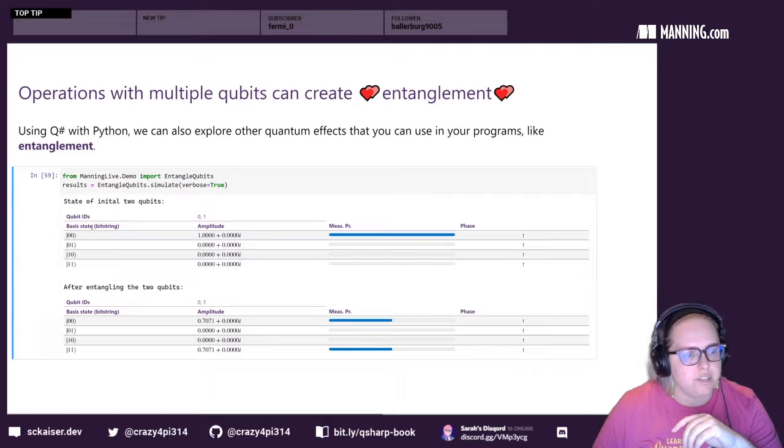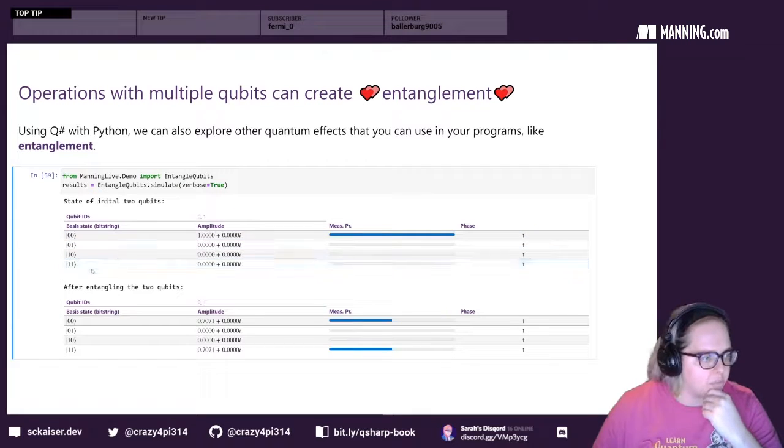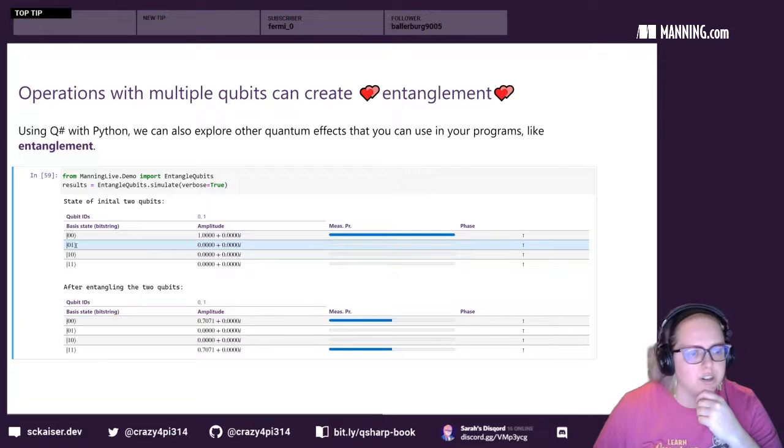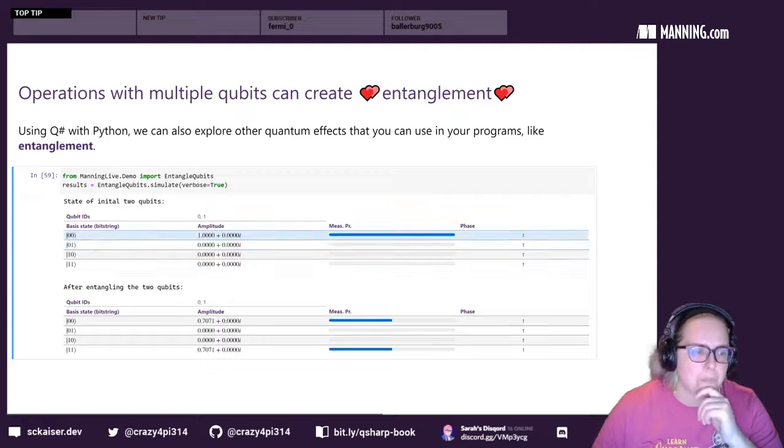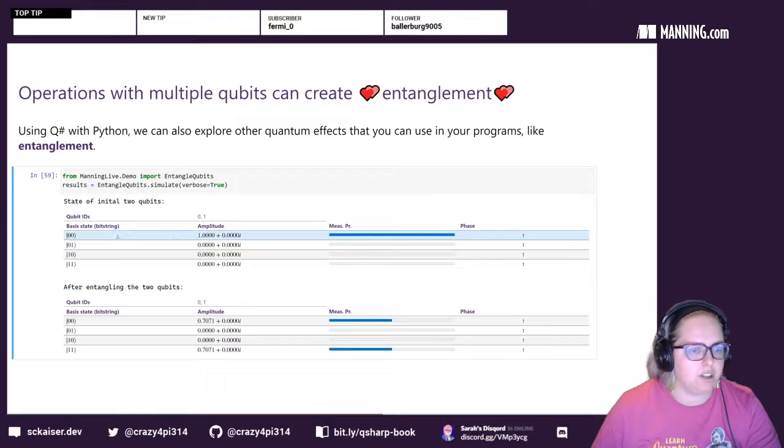And you can read this as each of these lines being one possible measurement outcome. So this would be both of them measuring to 0. This would be the first one measuring to 1, or 0. First one measuring to 0, second one measuring to 1. And so we see when we first ask for the qubits from the runtime, they both show up in the 0 state. That's why this is 100%. We know we are in the 0, 0 state.